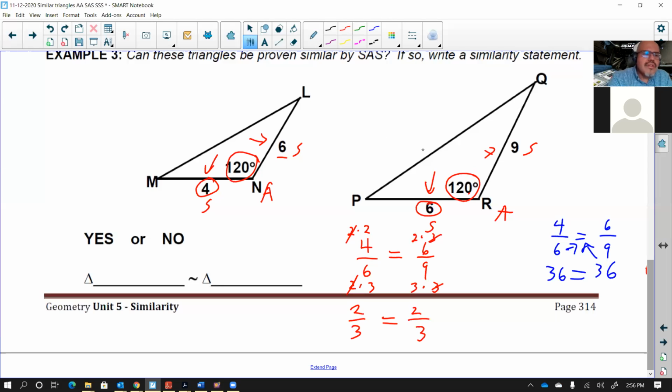So these two are yes, and the similarity statement is MNL, and this one is going to be PRQ.